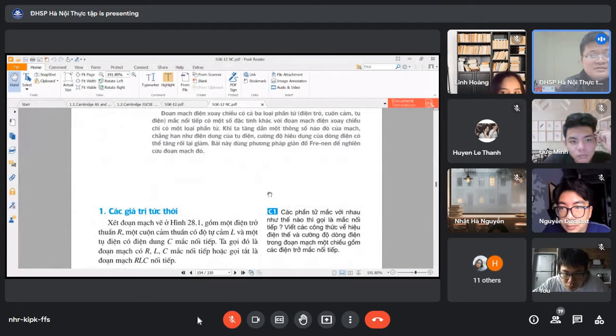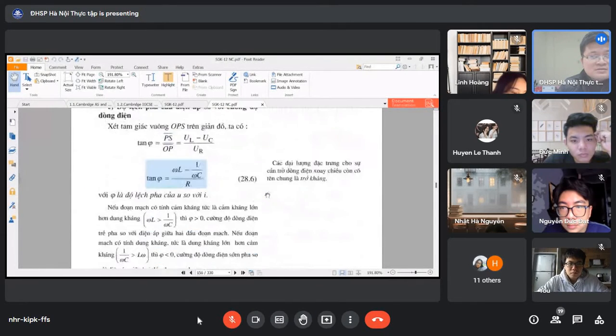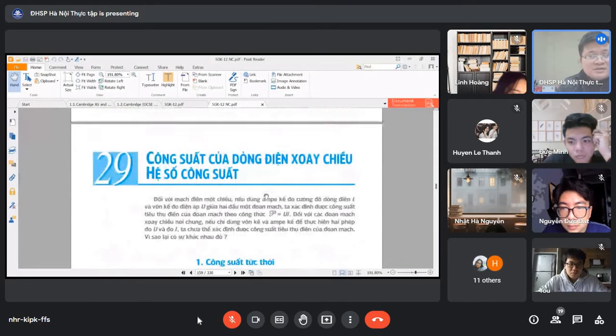This one maybe is a copy from the next week's abstract, but it is all about the characteristic of the alternating current itself.